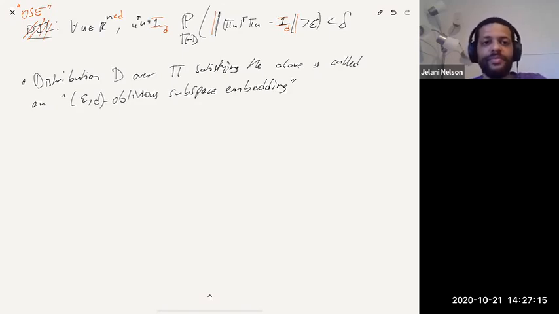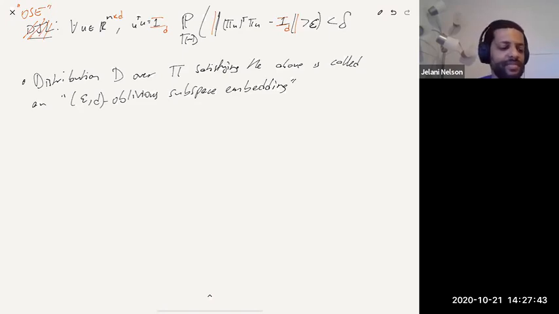Now, just recall the definition of subspace embedding for a particular subspace, there's no randomness in the definition. I am allowed to pick a deterministic matrix that is a subspace embedding, right? Or I can do something oblivious like this, where I'm picking a random matrix that doesn't even look at the subspace.